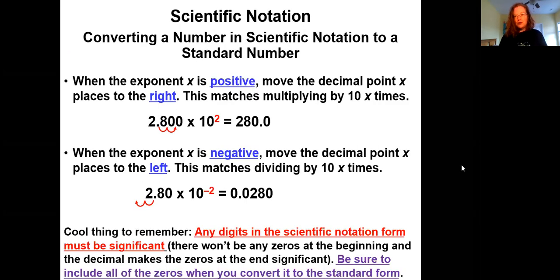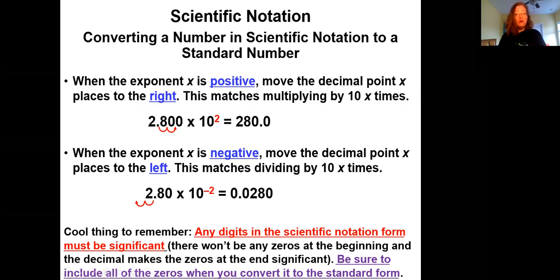And so here's where I just reinforce that idea when the exponent x is positive. We're going backwards now. We need to make our scientific notations into what we call standard numbers, where we don't have the times 10 to a power of something. And if the x is positive, so we have a positive 2, that's going to tell us that we need to move the decimal 2 places to the right.